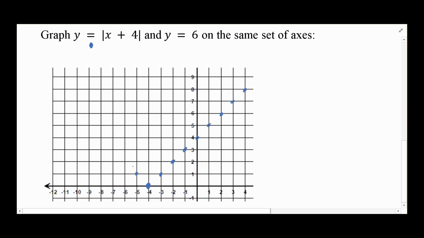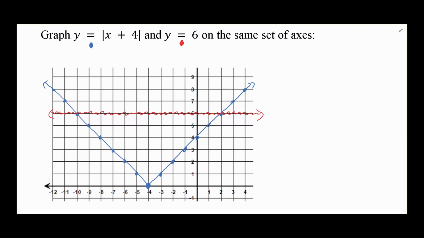I'm going all the way to the top just so we can see what's going on in this problem, and once we connect the dots, it looks like a V. Now the other one, y equals 6, the right-hand side, is a horizontal line. So those are the two.